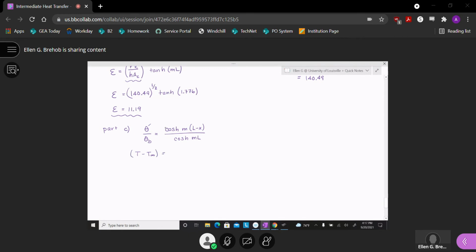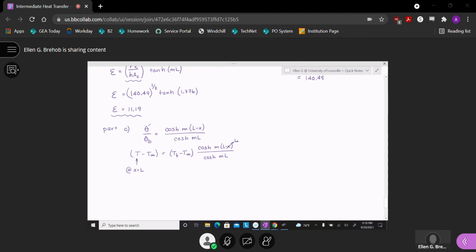That's theta. And then I'm taking theta b to the other side, that's temperature of the base minus T infinity. Then I have to multiply by that ratio that we have listed, hyperbolic cosine of m(L minus x) over hyperbolic cosine of mL. Since we're looking at the tip of the fin, we're looking at x equals L.